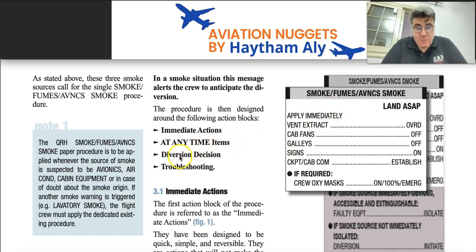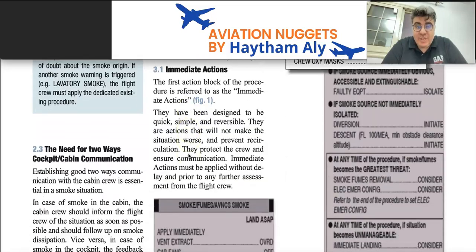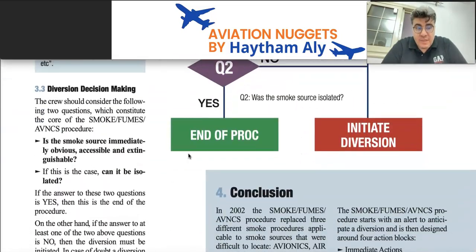If the situation becomes worse, also accept the diversion decision and do troubleshooting to see if you need to make a diversion or not. Let's see what is meant by diversion decision and troubleshooting in the avionics smoke fumes procedure.